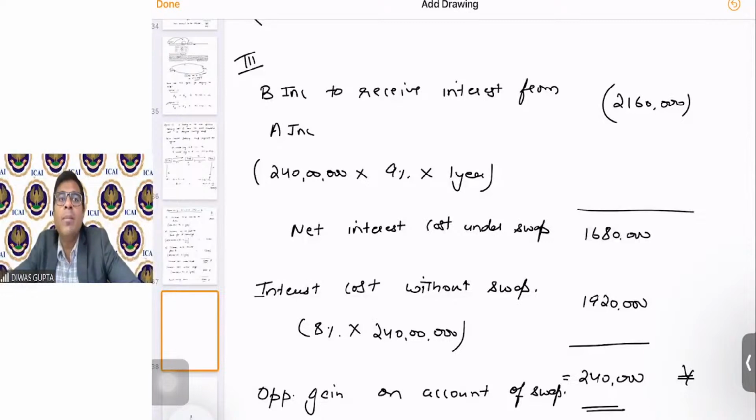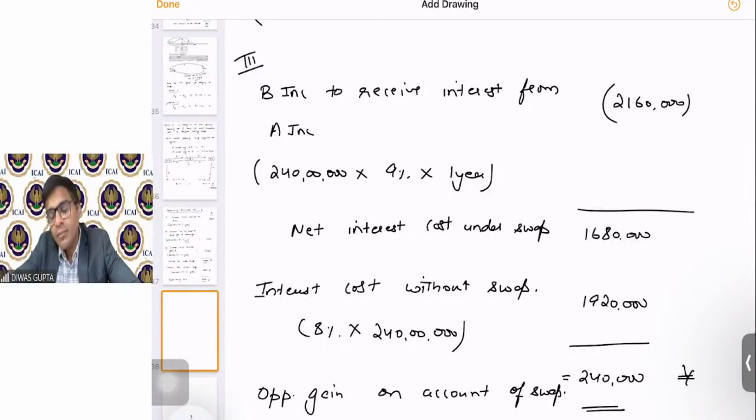But we still told them to borrow in these currencies so that your overall savings will be significant, which is around 2%. We have distributed that in the swap given by the question, that is 1% over and above what A will pay, and 9% what A will pay to B.